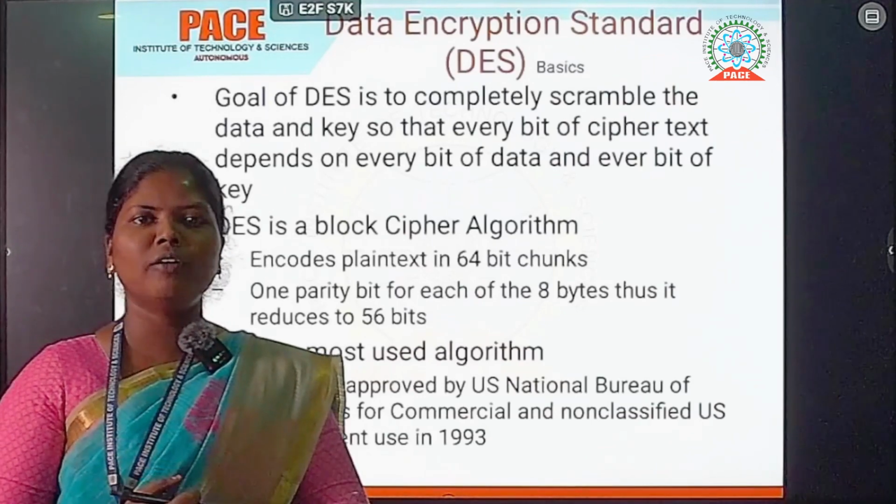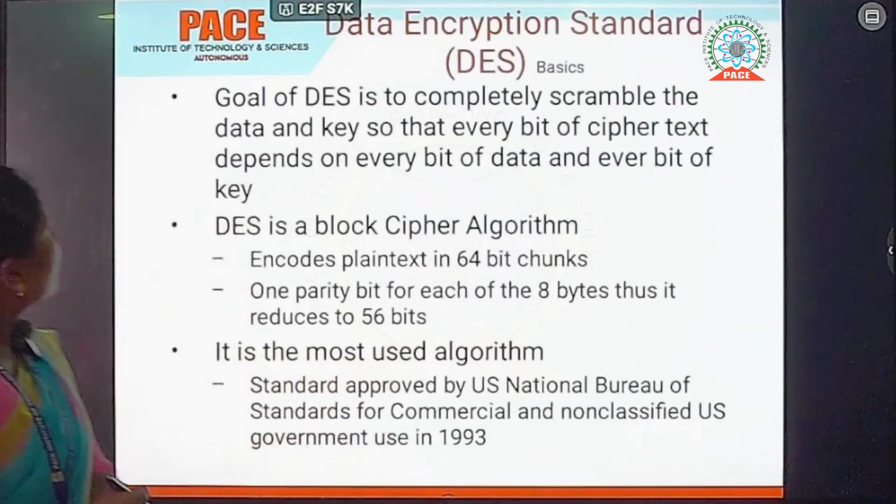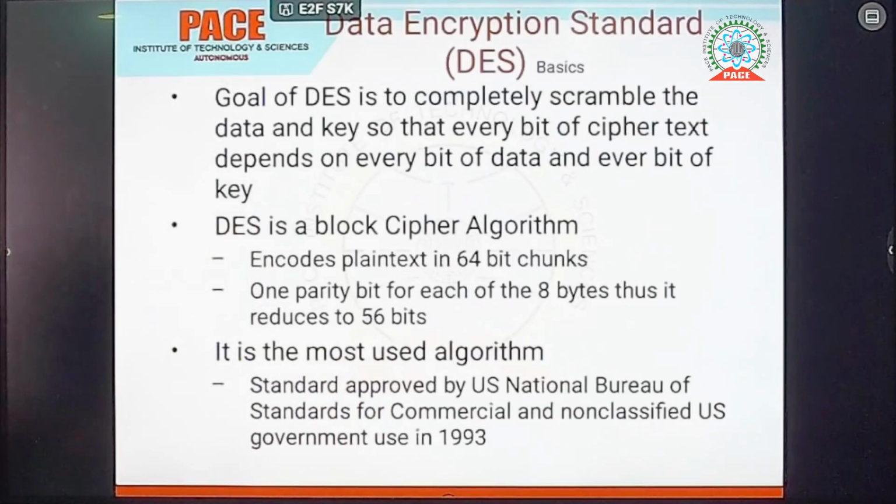First of all, the goal of DES is to completely scramble the data and key, so that every bit of ciphertext depends on every bit of data and every bit of key. DES is a block cipher algorithm that encodes plain text into 64-bit chunks. One parity bit for each of the 8 bits, thus it reduces to 56 bits.